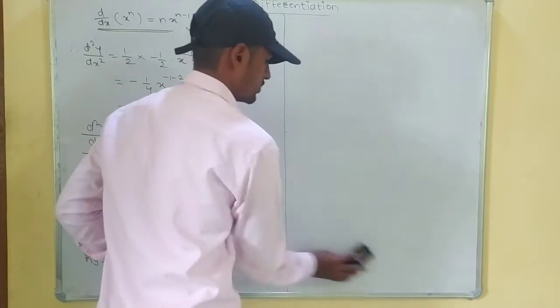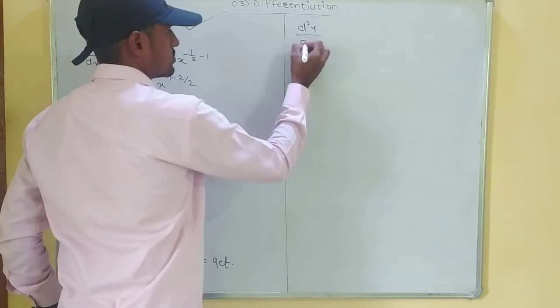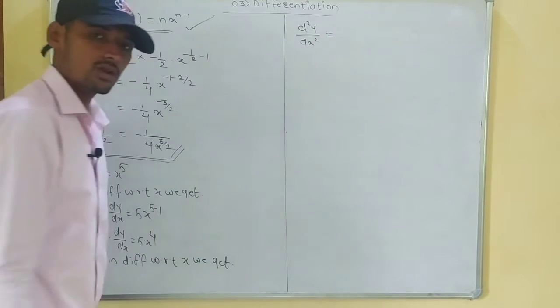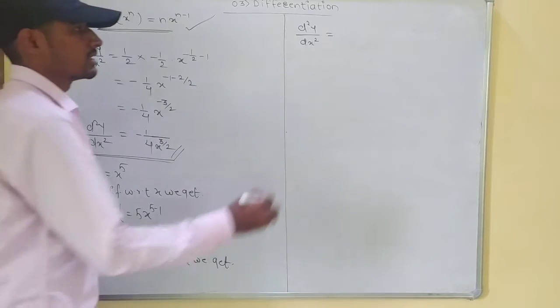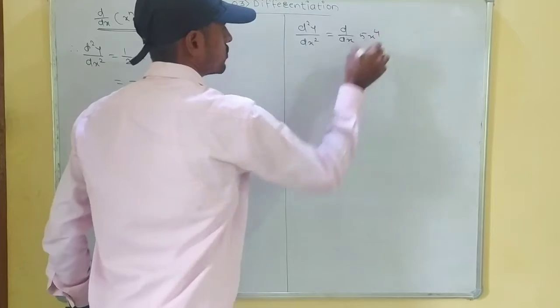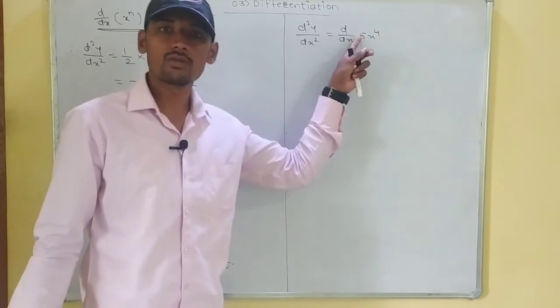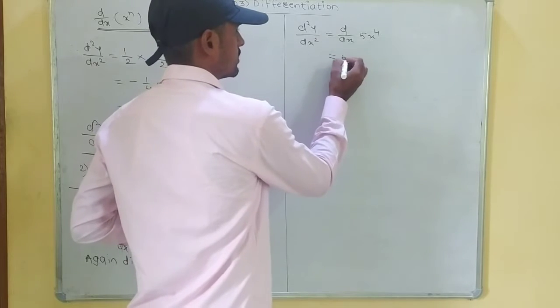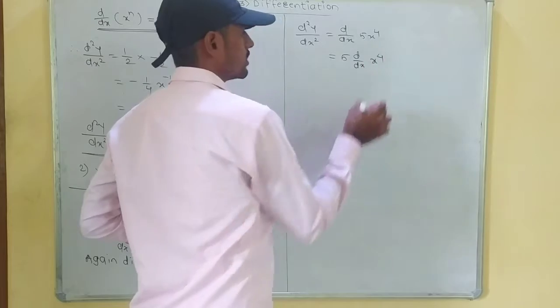Now the second order derivative d square y by dx square is equal to 5 as it is, or d by dx of 5x raised to 4. 5 is the constant part, so take it outside as it is, into the derivative of x raised to 4.